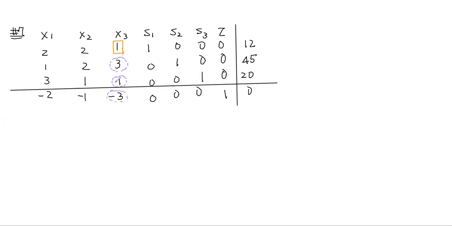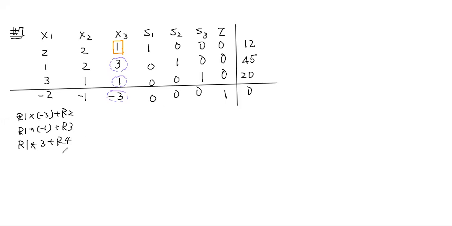So the first one, I need to use row 1 times negative 3 added to row 2. Then the next one, row 1 times negative 1 added to row 3. Then the last one, in order to make this one 0, I need row 1 times 3 added to R4.